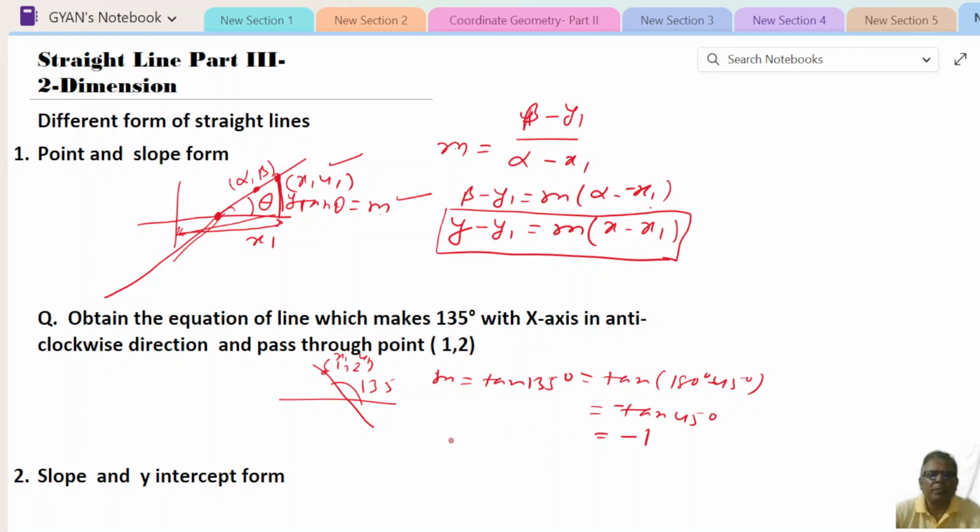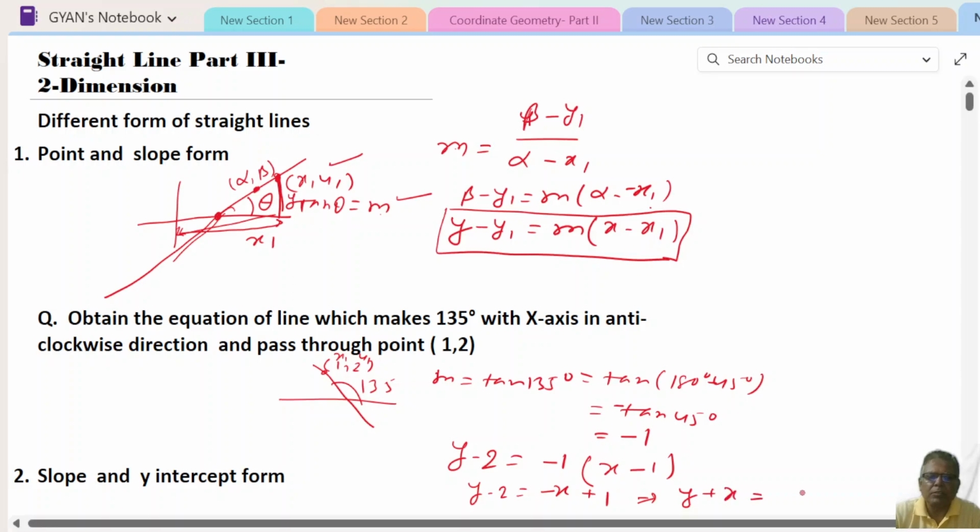So m is equal to minus 1 and y1 is equal to 2. So y minus 2 is equal to minus 1 times (x minus 1). So y minus 2 equals minus x plus 1, that implies y plus x is equal to 3. So this is the equation.